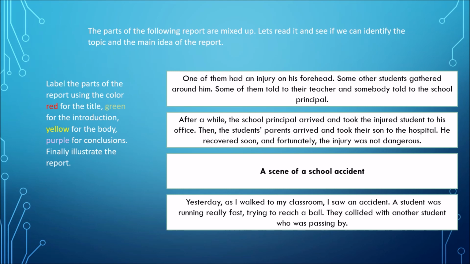He recovered soon, and fortunately, the injury was not dangerous. A scene of a school accident. Yesterday, as I walked to my classroom, I saw an accident. A student was running really fast, trying to reach a ball. They collided with another student who was passing by.